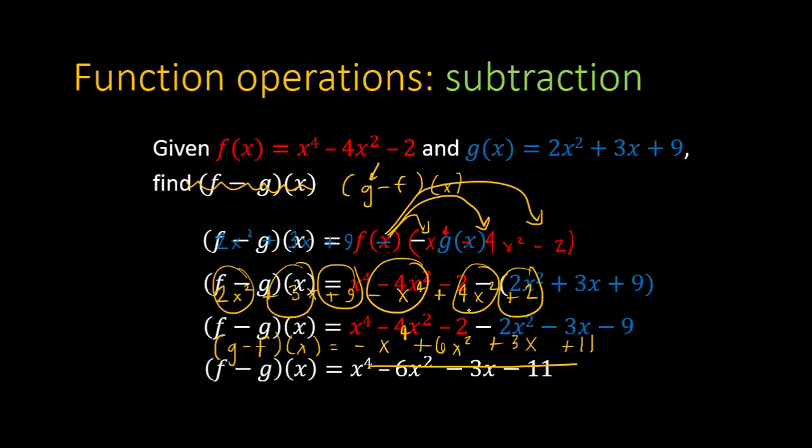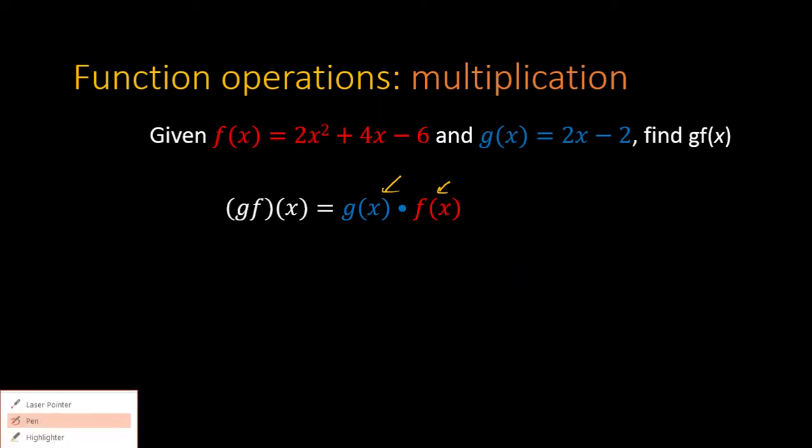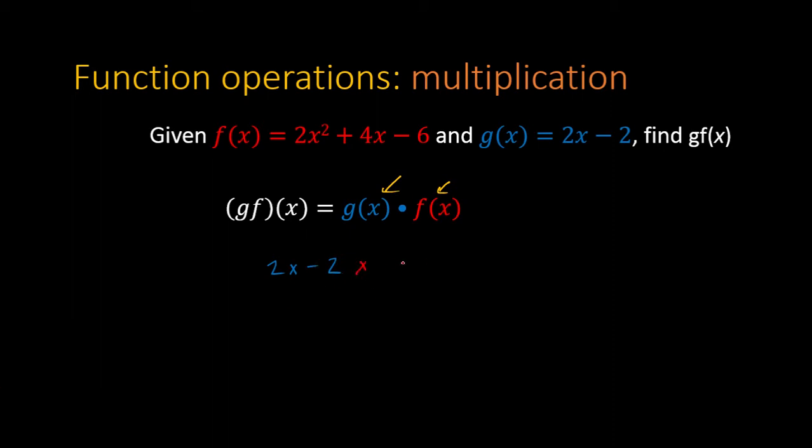All right, moving on to multiplication. Similar concept as with subtraction, by which I mean we have to multiply these together. Let's say I've got g of x times f of x. So I write out g of x, I write out times f of x.